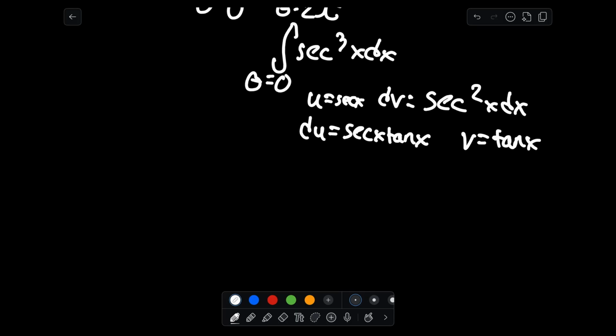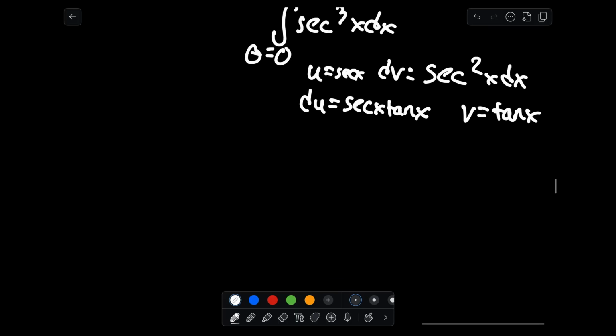So it's going to be uv minus the integral of v du, and this is going to get very nasty very quickly.